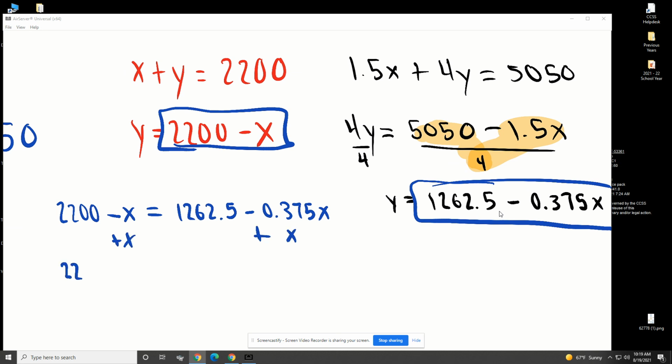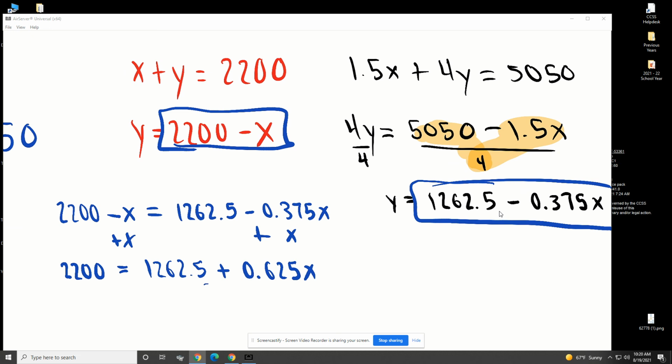So 2200 will equal 1262.5, and then y'all help me out. Type in your calculator, negative 0.375 plus 1. That's 0.625x. And now we're rolling. What do we do? Well, we can't add these.